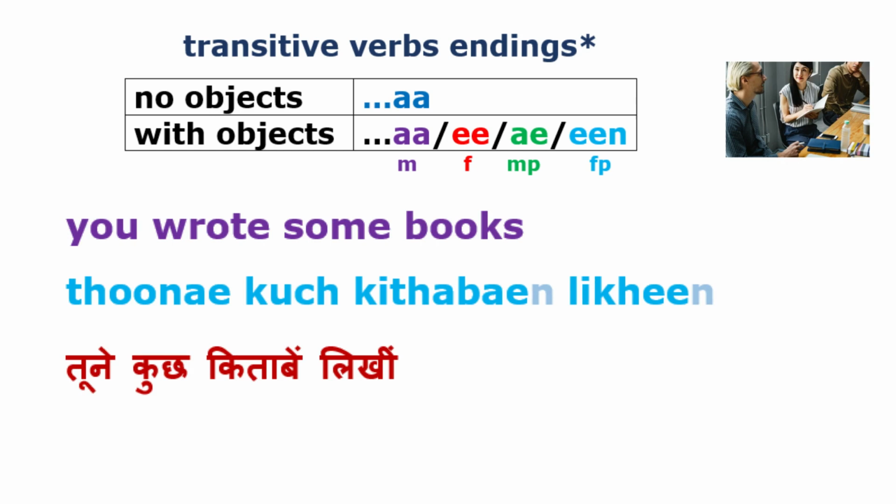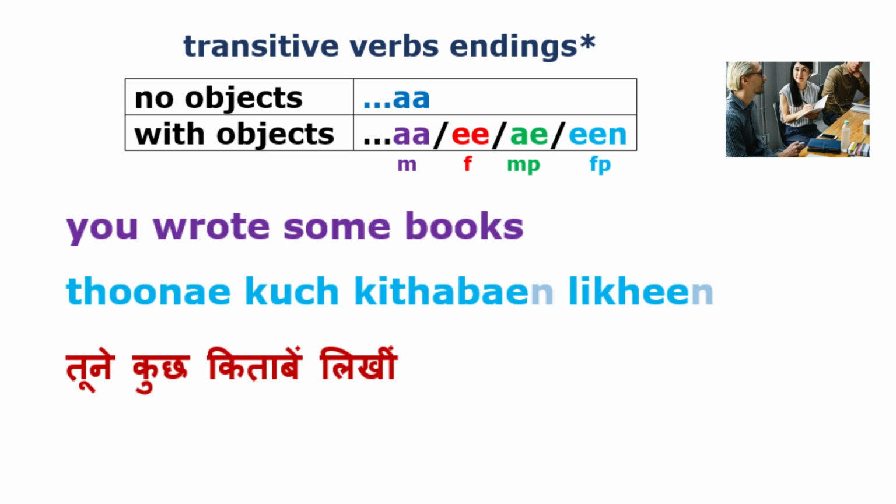You wrote some books. तूने कुछ किताबें लिखी. तूने, and in this case we are talking about a very casual setting, just imagine those two are childhood friends and they use a very close, very informal term. In that case it's fine to use tu. Otherwise it has to be tum. In most cases it has to be tum. Aap is a more respectful term, if you're talking to somebody very elderly. But otherwise, with a colleague you're not very well acquainted with, they'll always use tum.